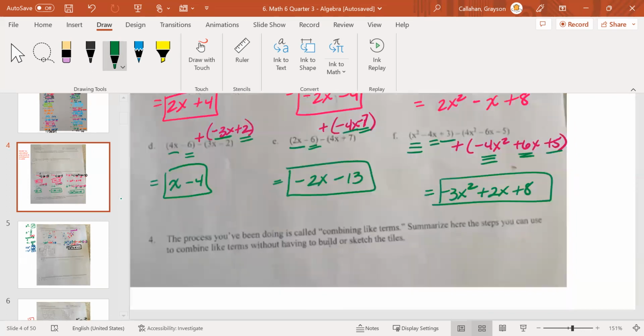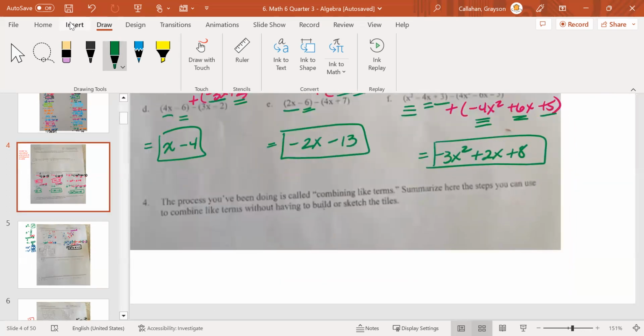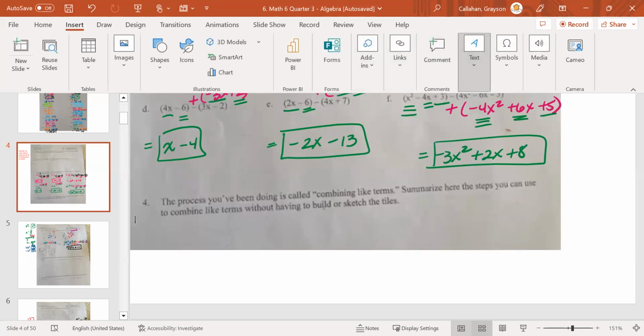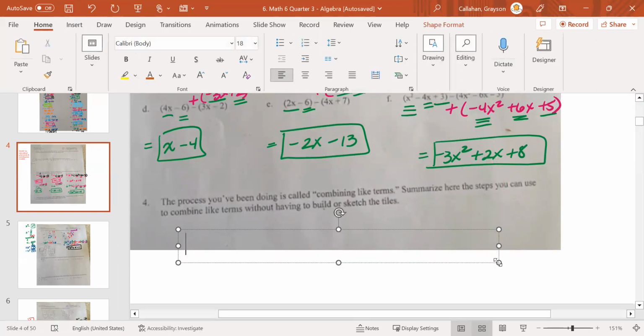Okay. So for question number 4, when it says the process you've been dealing with is called something like combining like terms, summarize here the steps you can use to combine like terms without having to build or sketch the tiles. So you don't need to mention x squared, x, and a negative or positive number with rectangles, big squares, and little squares, because we're not building, we're sketching the tiles, right?